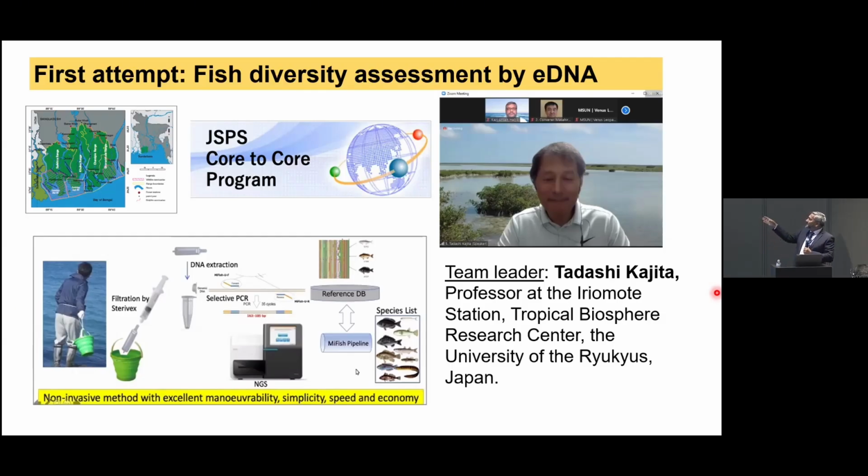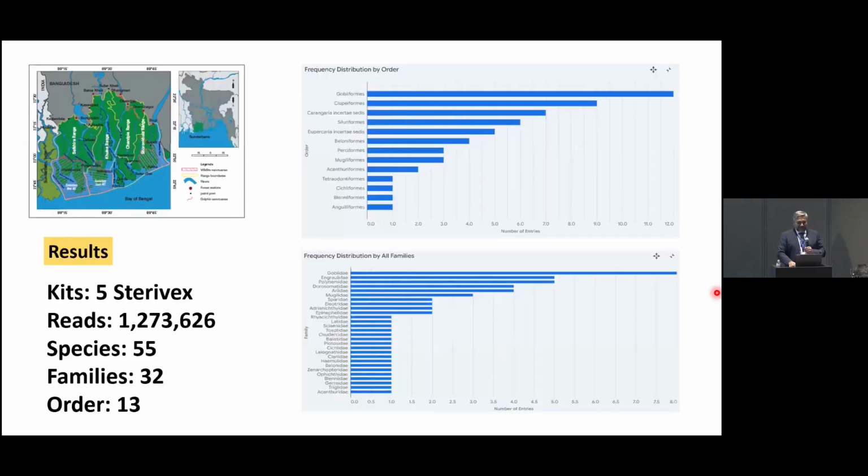Then I started to assess fish diversity with eDNA metabarcoding. This is my first sampling with the kit sent by Kajita Sensei, the Sterivex. We used only 5 Sterivex, and we got 55 species from my first attempt in Sundarbans.